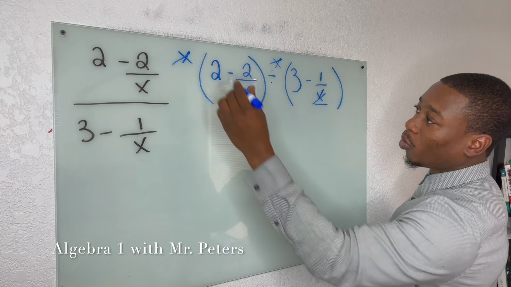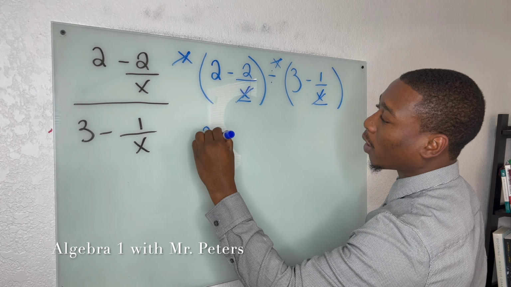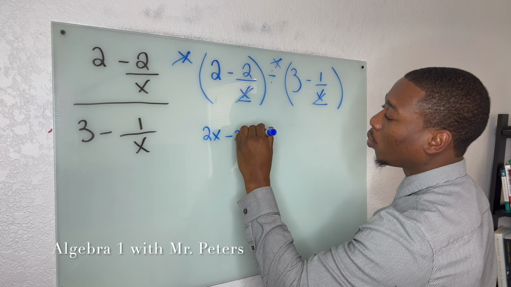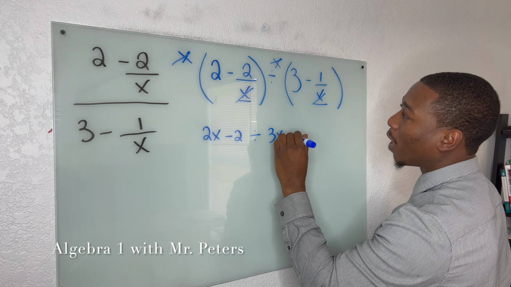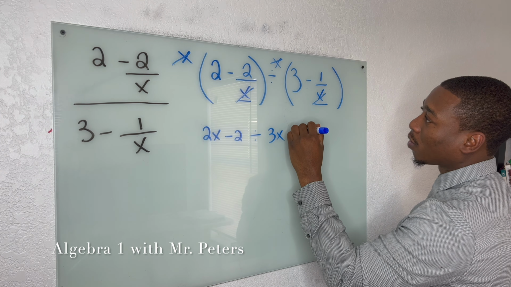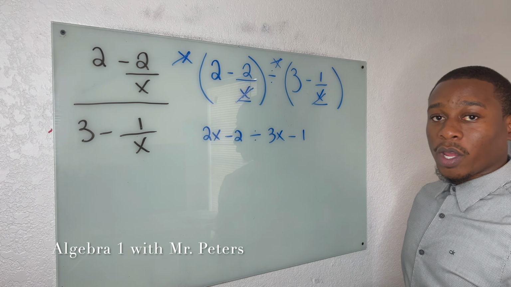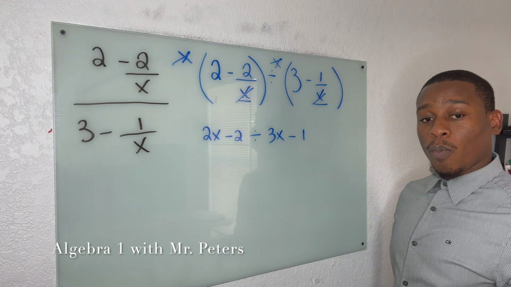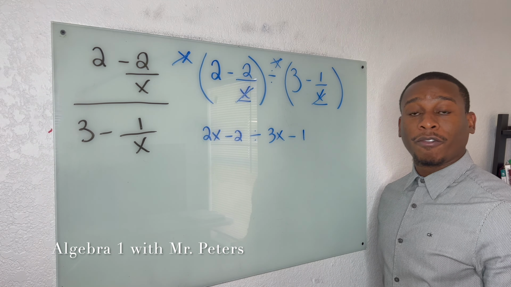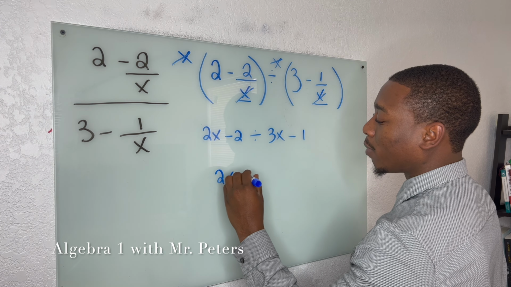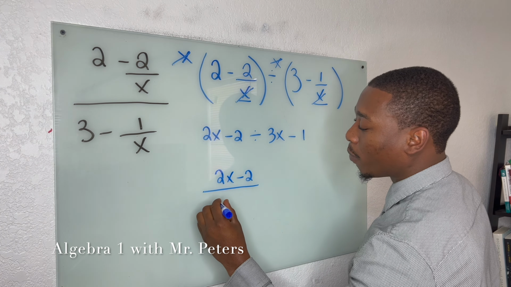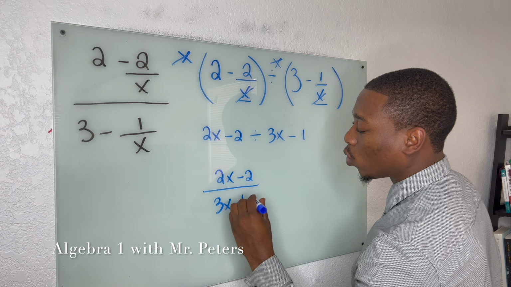So what we'll be left with once we distribute is 2x minus 2 divided by 3x minus 1. Okay, so at this part here, remember we're dividing a fraction by a fraction. So now we have 2x minus 2 divided by 3x minus 1.